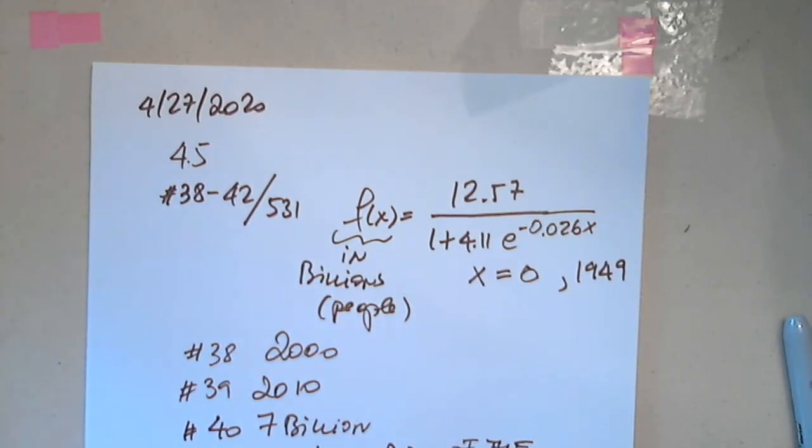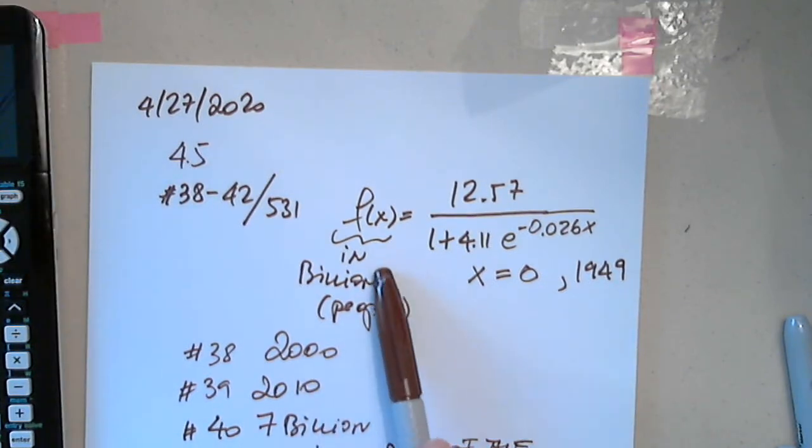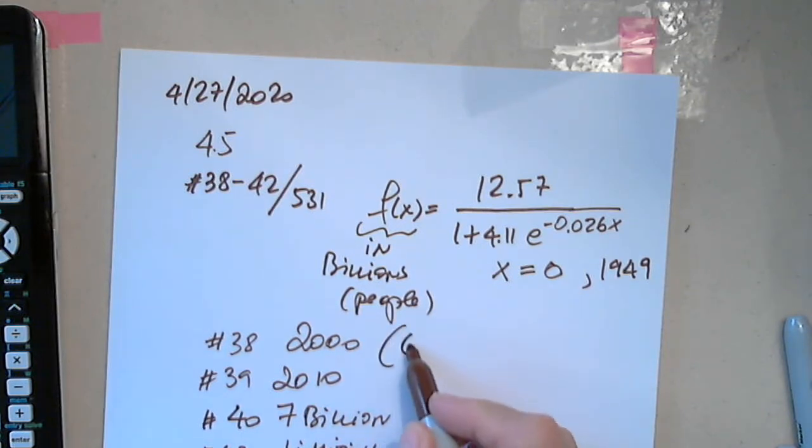So what are we asked to do first? In problem 38, they're asking us to determine the population according to the model. We know what the population was. They're telling us that in the year 2000, the population was 6.1 billion. This is given.